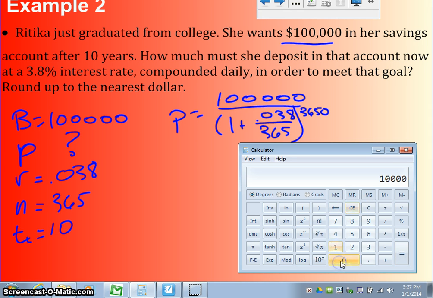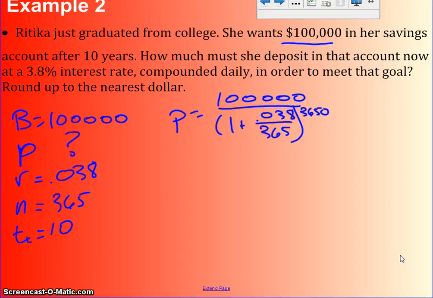So let's try this one more time. 100,000 divided by 1 plus 0.038 divided by 365, all of that to the 3,650th power. And there we go. $68,387.49 is how much needs to be placed into the account now to yield $100,000 in 10 years.